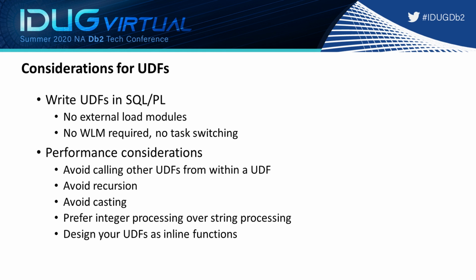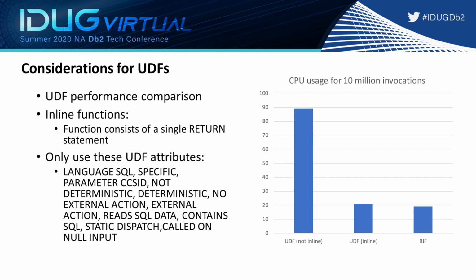And finally, try to implement your user-defined functions as inline functions wherever possible. An inline function is a function where the body consists of a single return statement. The return statement can have complex case expressions and it can call other built-in functions and other user-defined functions, but it needs to be one single statement.